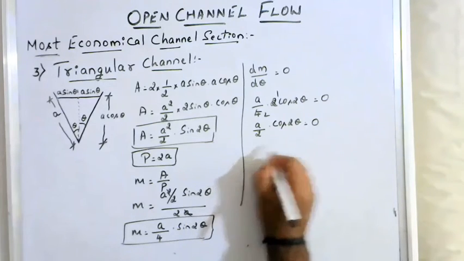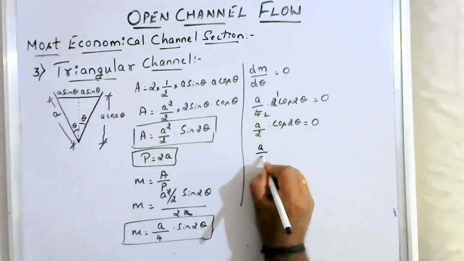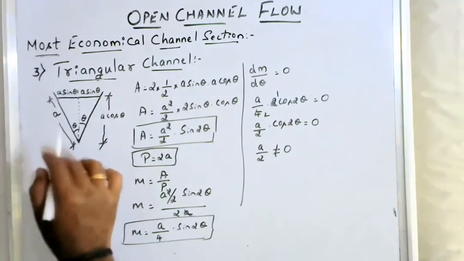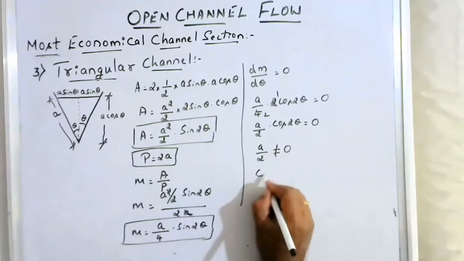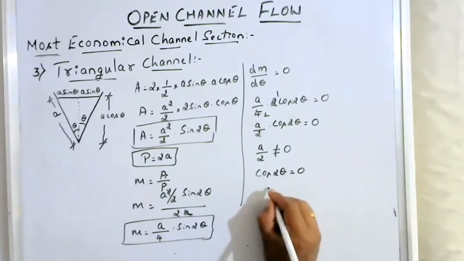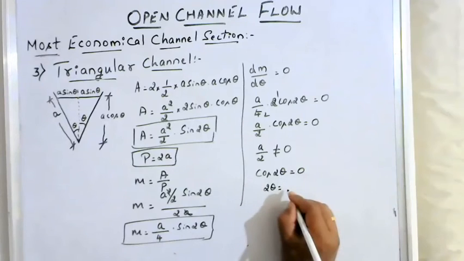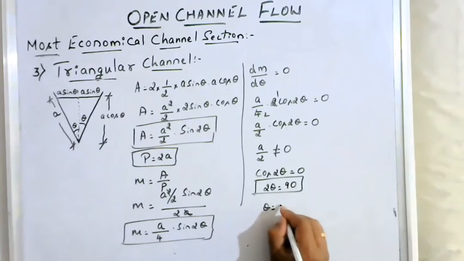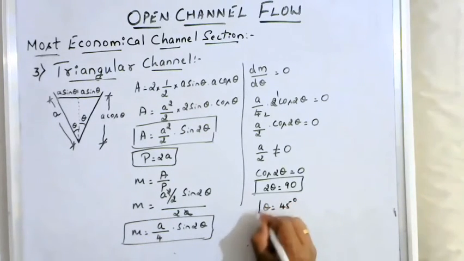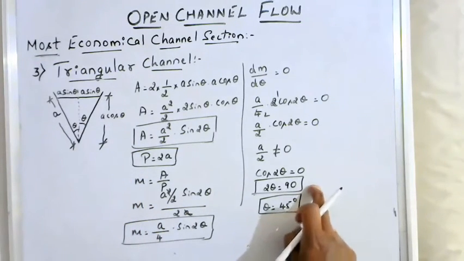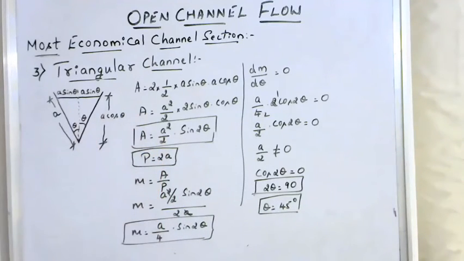This a by 2 cannot be equal to 0, because a is the side slope, and half of the side slope should not be 0. Therefore, the other possibility is cos 2 theta equal to 0. If you simplify, 2 theta is equal to cos inverse of 0, which is 90 degrees, or theta is 90 by 2, that is 45 degrees. Each angle is 45, or the total angle of the triangle is 90 degrees. So when this is 90 degrees, you can say the triangular channel section is the most economical one.